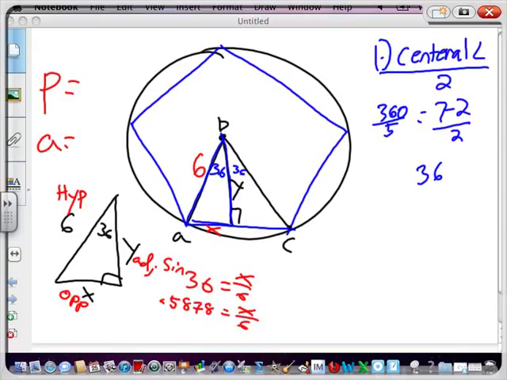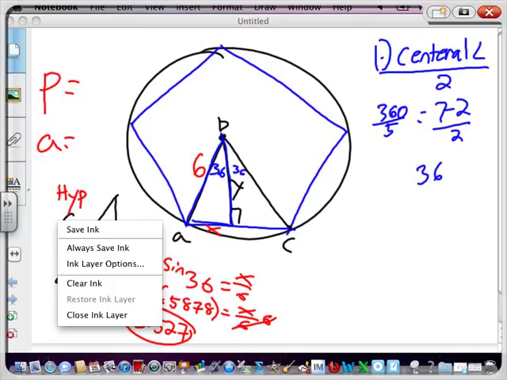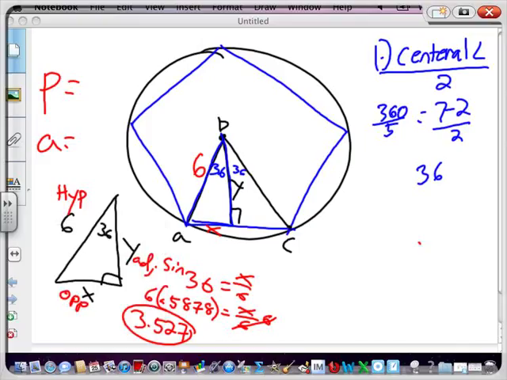And then I'm going to multiply it by 6 to get the 6 off the bottom. You get 3.527. So right there, that's x. Let's multiply it by 2. 7.05 is the length of each side.